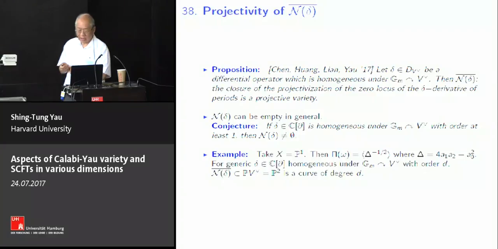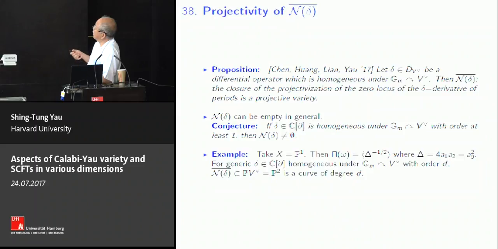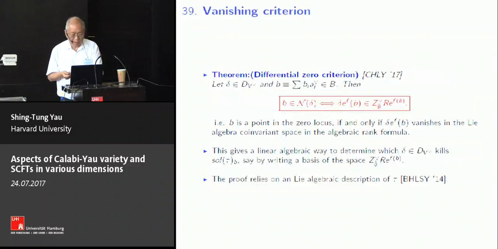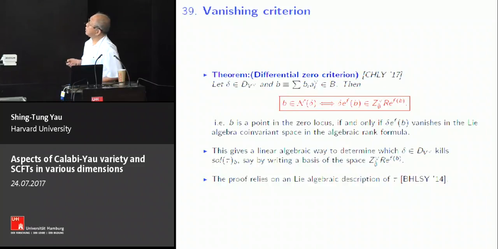For example, take X equal to P1. In that case, things are a little bit trivial, but you can still give non-trivial answers. It turns out in that case, the projective closure is actually a curve of degree d. Now let me do a little bit more interesting statement.